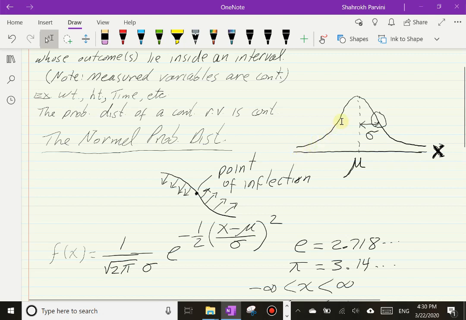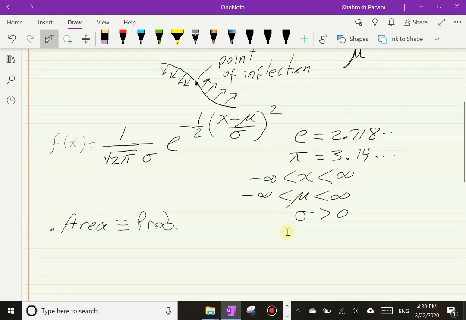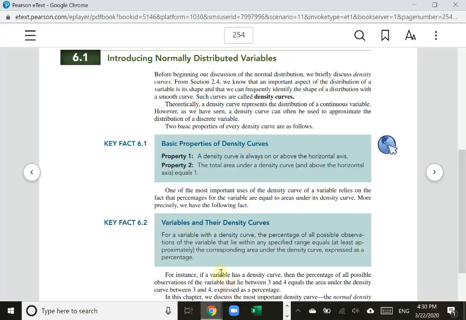And it does so without touching nor crossing the x-axis. So there's never a point of intersection. Now, we're not going to show the mathematics of how the area under this curve is going to become 1. So we're just going to accept that. And let me now go and actually show you some of these distributions that are in your book.